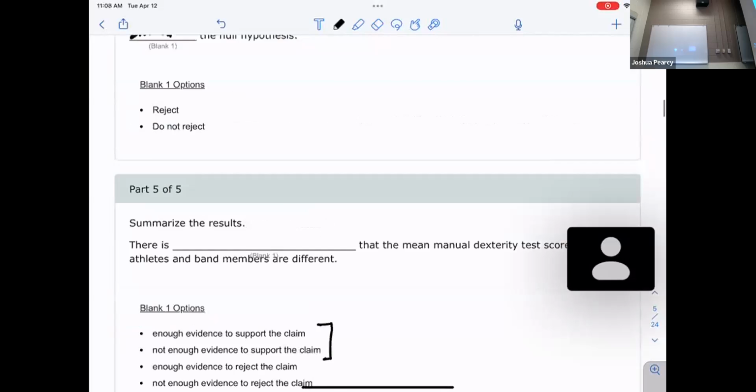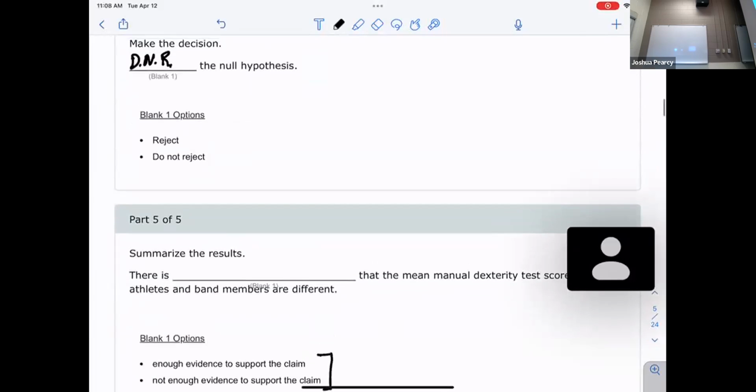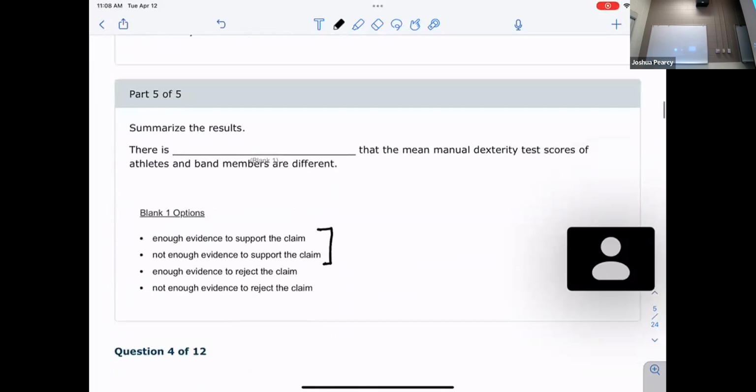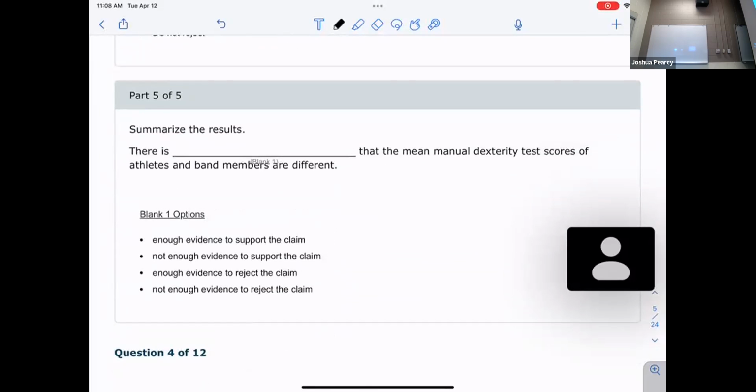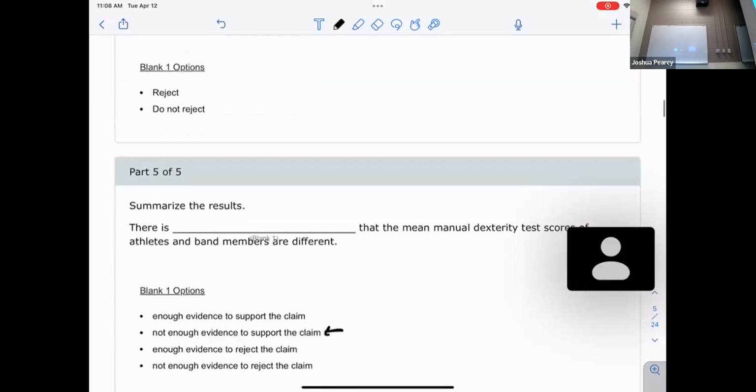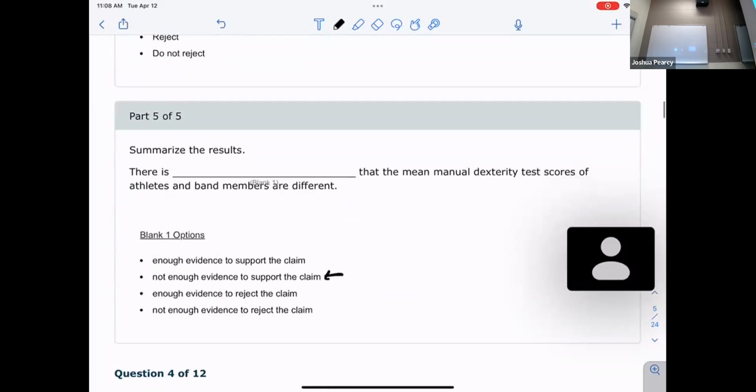Which one is it though? Yeah, not enough evidence to support the claim. This one. Why? Since we failed to reject the null hypothesis, that means we can't support the alternative. Does that make sense? That's why.